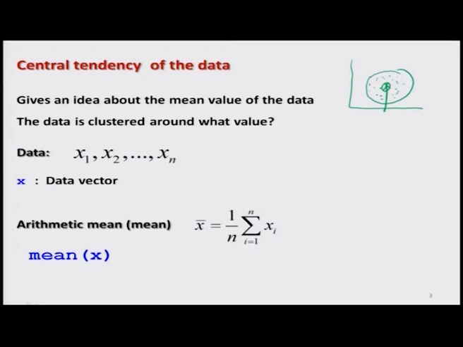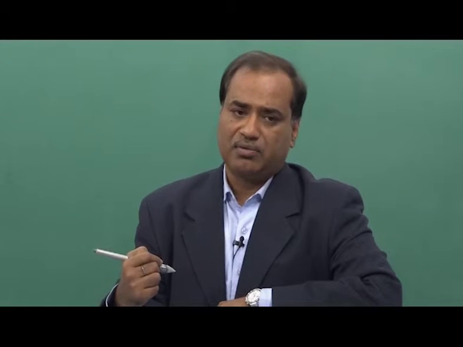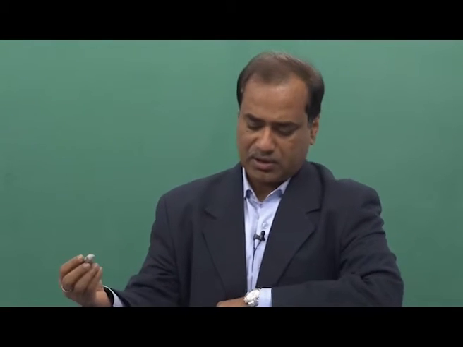First of all, let me denote the data. This is here given by x1, x2, xn. What do we really mean by this x1, x2, xn? Let me take a simple example and try to understand it, and the same concept will continue in the entire lecture.